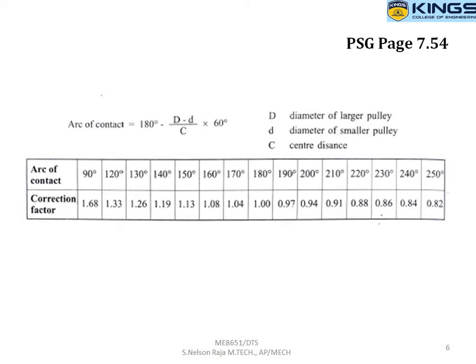After calculating the arc of contact, we select the suitable correction factor. In the table, the arc of contact has angles like 90, 120, 130 up to 250, and we pick the corresponding correction factor as per the arc of contact. These values are available in PSG page number 7.54.